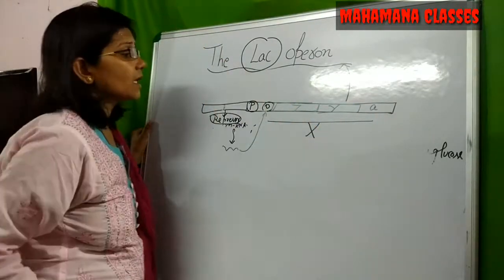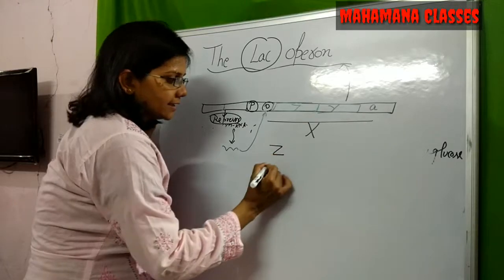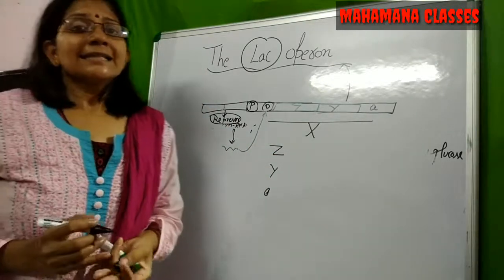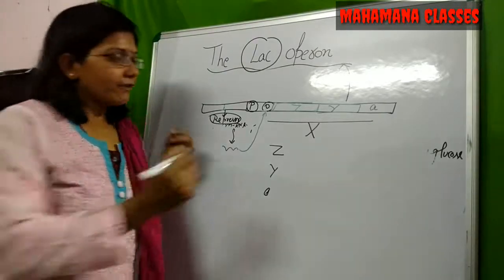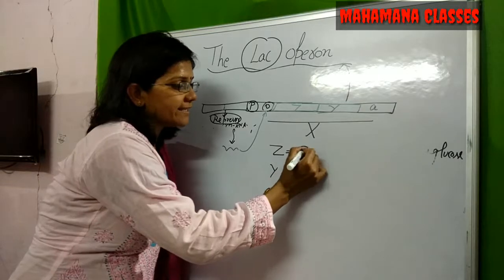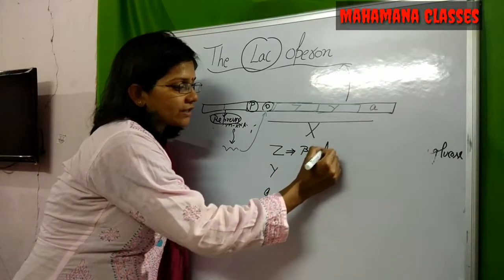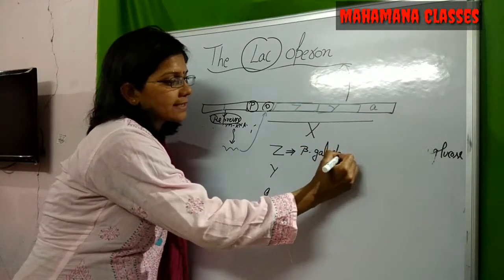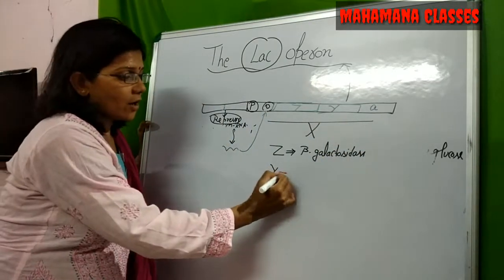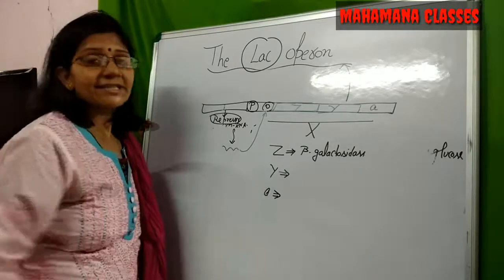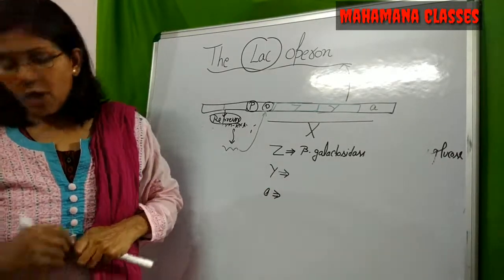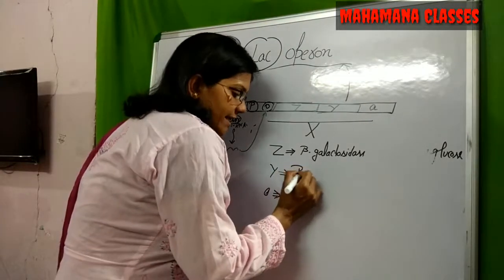Okay. What is the function of ZYA? Let us see this. The Z gene will express or form beta galactosidase. Then gene Y forms a protein, permease.